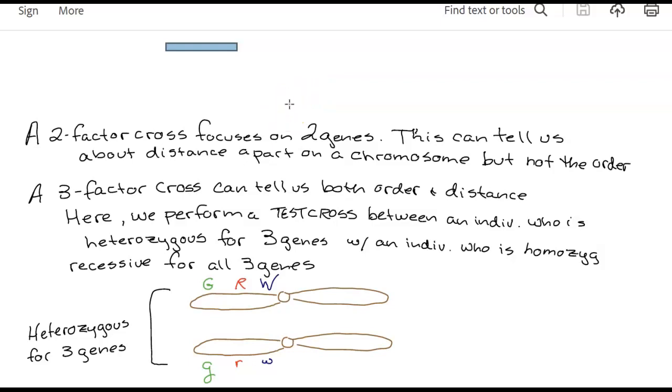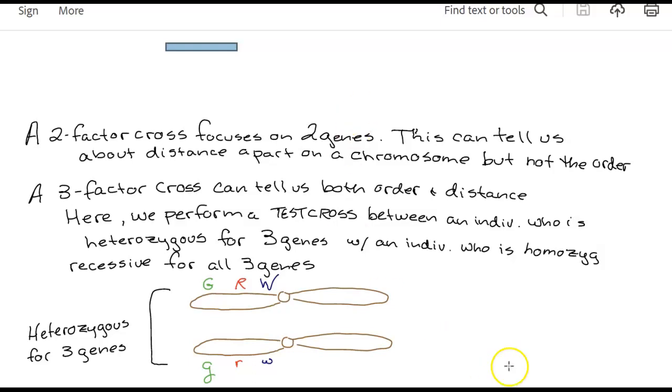So a two-factor cross tells us about the distance, but it doesn't tell us anything about order. So it's somewhat limited, but it still gives us an idea of how closely together some of these genes might be on a particular chromosome.